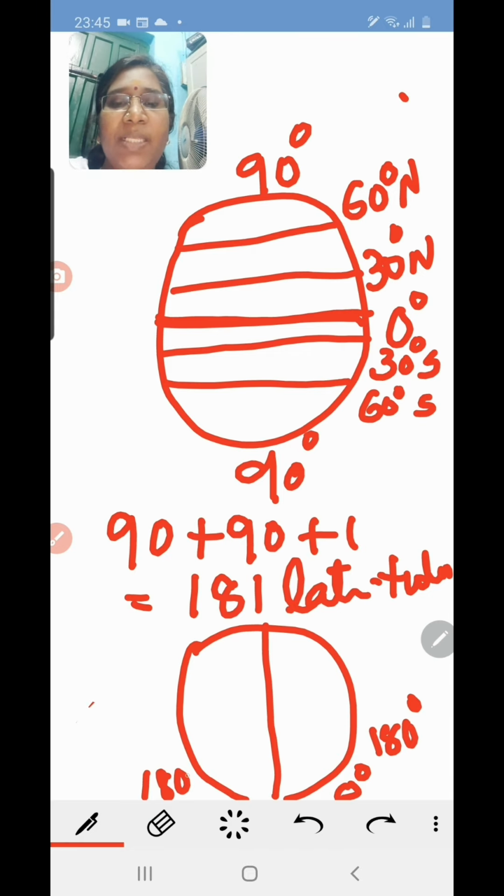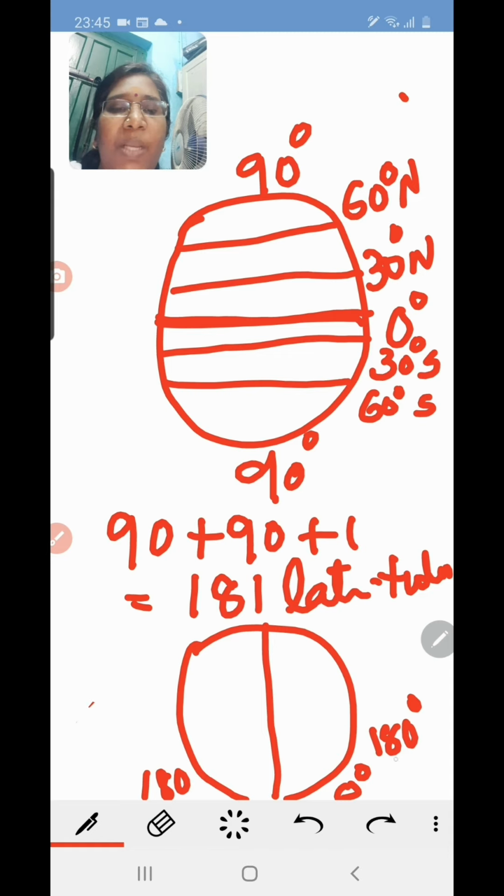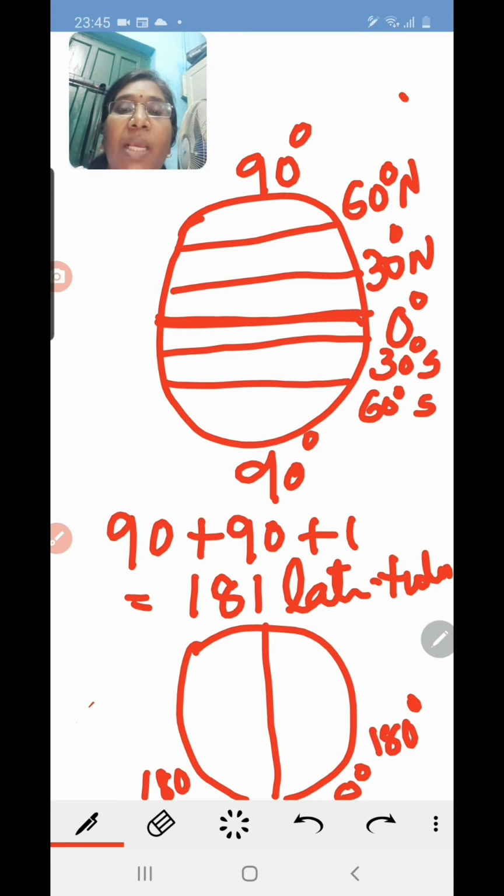So how many meridians are there? 180 plus 180. Why? Because here is 0 degree, and just diametrically opposite the prime meridian it is 180 degrees. Since it is a flattened surface, just for your understanding, I have made it 180 in both places, but there is only one 180 degree longitude.